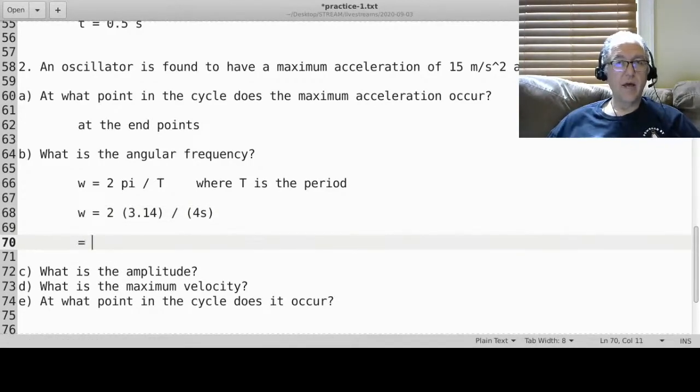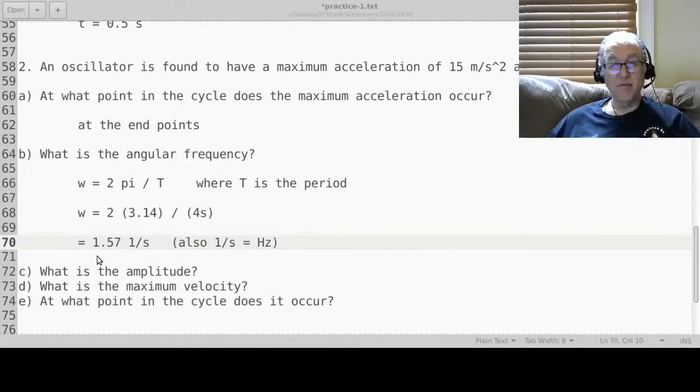If you work this out on your calculator, you get 1.57, and it's per second, because it's a type of frequency, and a frequency is how many times something happens per second. On a test, you'll either see per seconds, or you might see this other symbol called Hz, which is hertz.